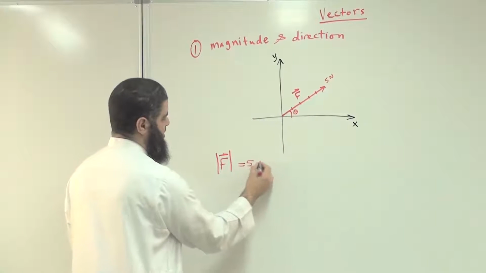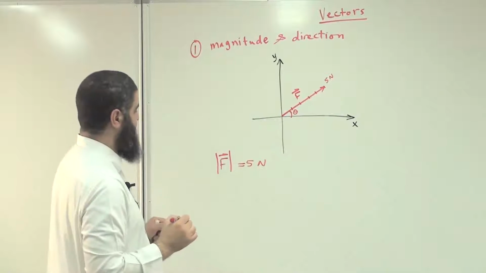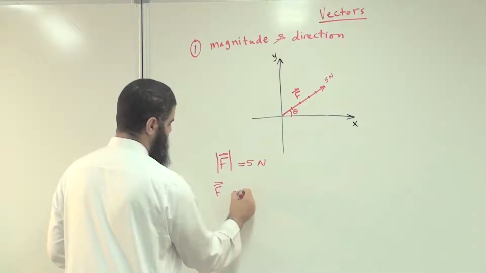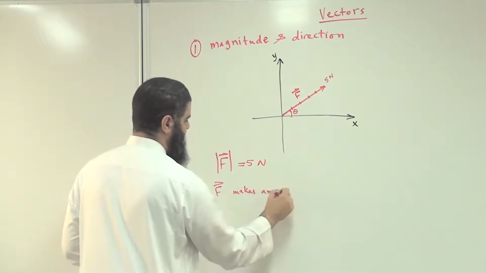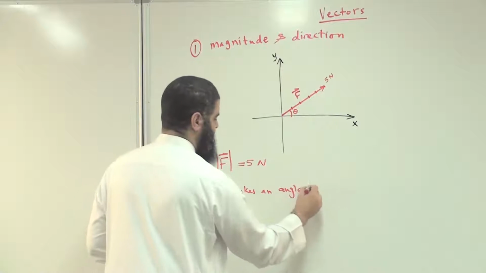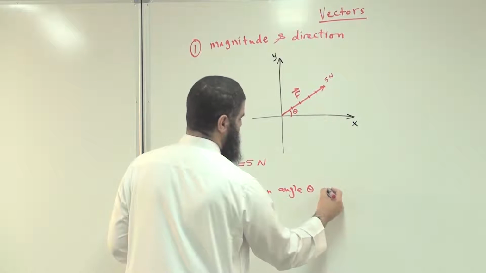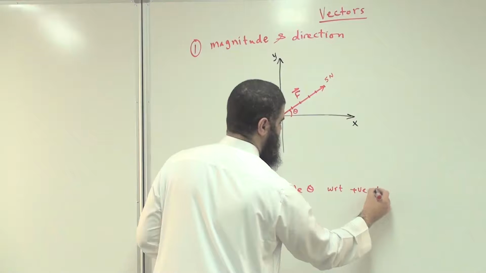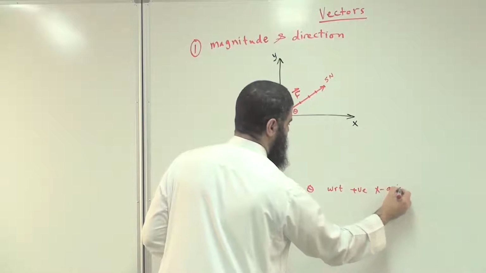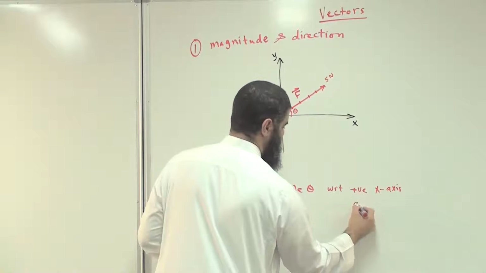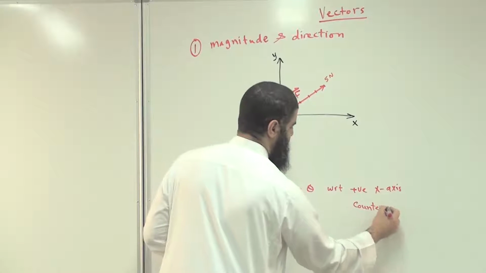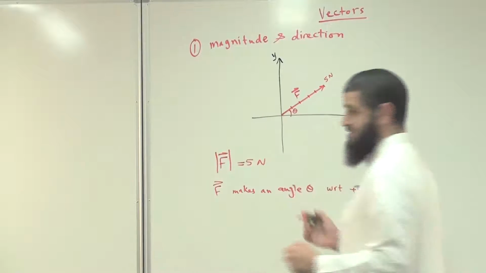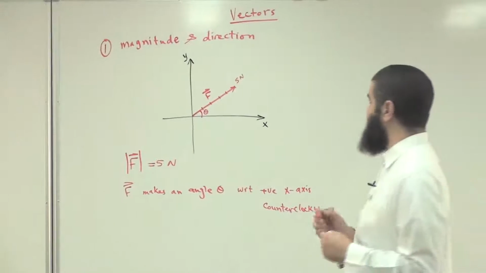So it is 5 Newtons, and we say that F makes an angle theta with respect to the positive x-axis, and this is measured counterclockwise. So this is the first way of representing vectors.